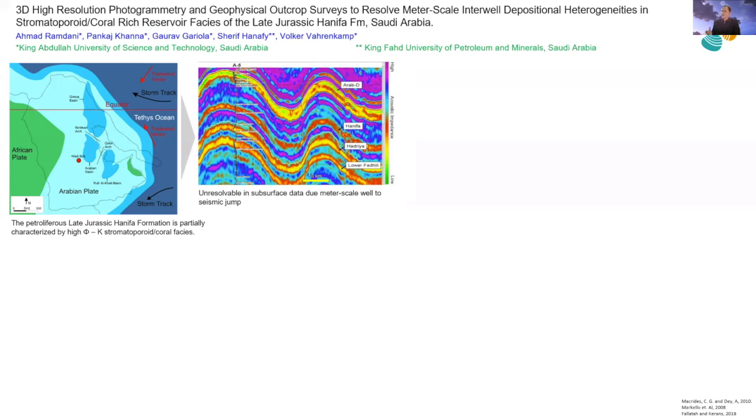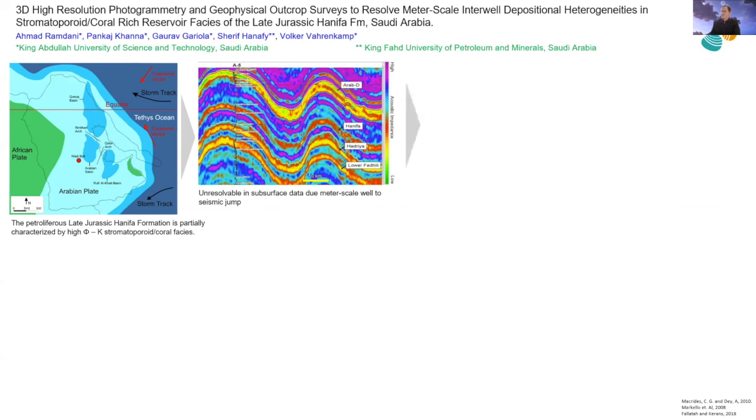Therefore, using an outcrop analog, which is located in Wadi Birk, Saudi Arabia, shown in this first map in the red circle, we would like to investigate and document the spatial distributions of these facies and infer some fundamental processes and factors that control the distributions of these facies, which ultimately we can bring back to the subsurface reservoir as an analog.